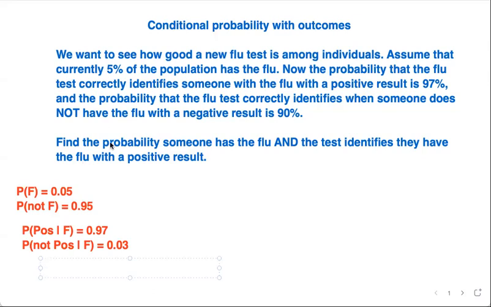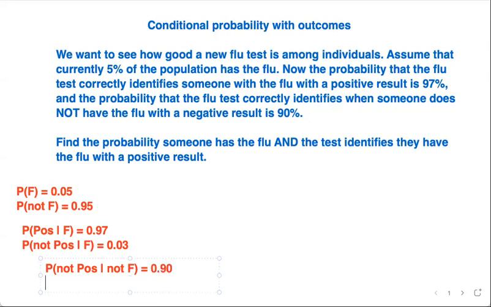And the probability that the flu test correctly identifies when someone does not have the flu with a negative result is 90%. So given you don't have the flu and you get a negative result, which means not positive, okay? Not positive, given that you do not have the flu. This is the complement, basically, is going to be 0.90.